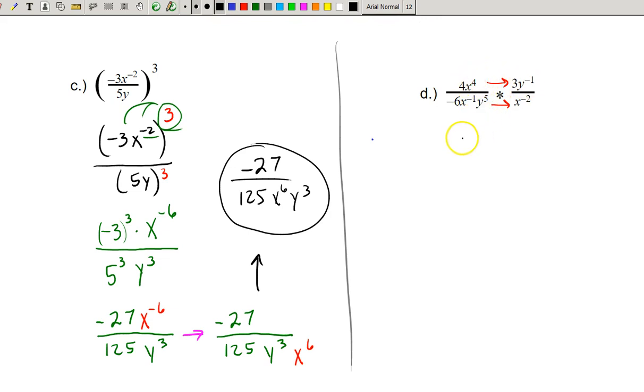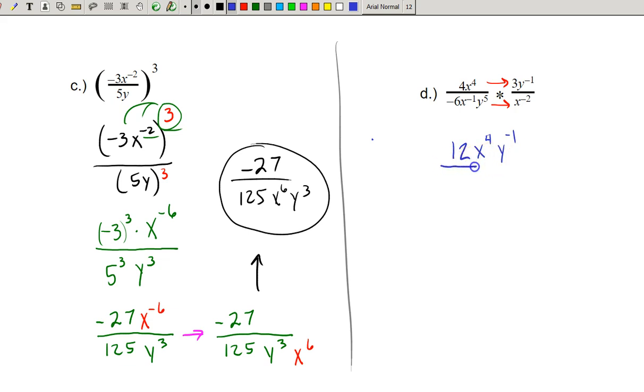So if I multiply the tops together, I'm going to have basically 4x to the 4th. Well, actually, let's take that back. I'm going to multiply the 4 and the 3. So that's going to become 12. And then I have an x to the 4th, and I have a y to the negative 1. So nothing's really combining there but the 4 times the 3.